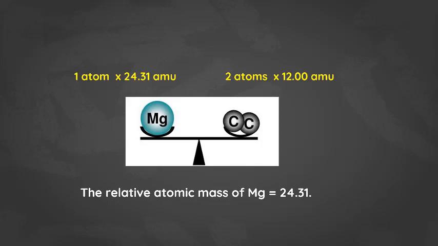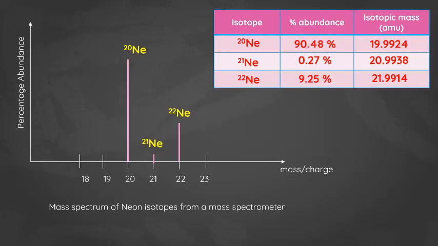Relative atomic mass tells us the mass of one atom compared to one carbon-12 atom. In other words, relative atomic mass tells us how heavy atoms are compared with the mass of one carbon-12 atom. For example, neon has 3 isotopes. From this data, how is the relative atomic mass of neon calculated?